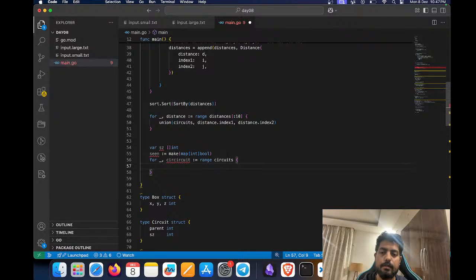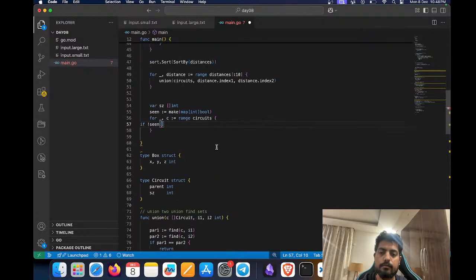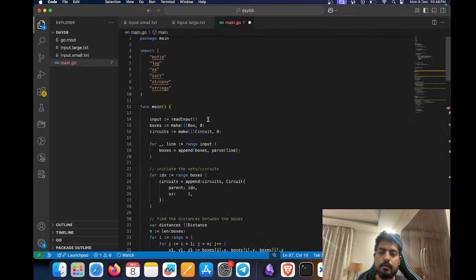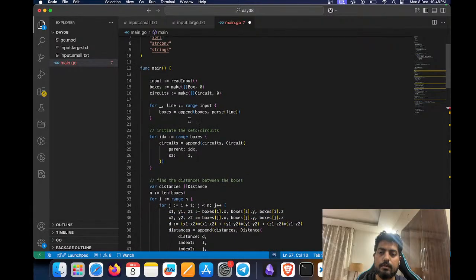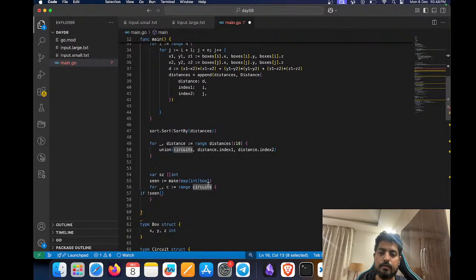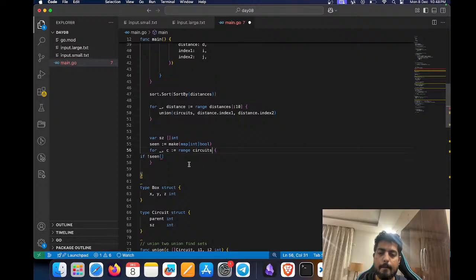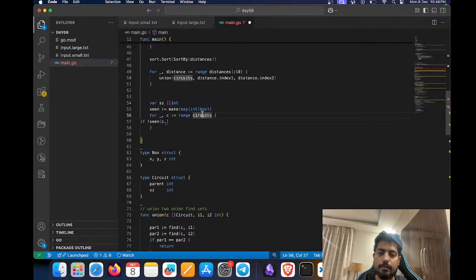Range circuits, I'll call it C. So if not seen, C dot parent. Okay, and it is actually circuits then. C dot. I don't know why it's not working, because circuits is actually an array of circuit.